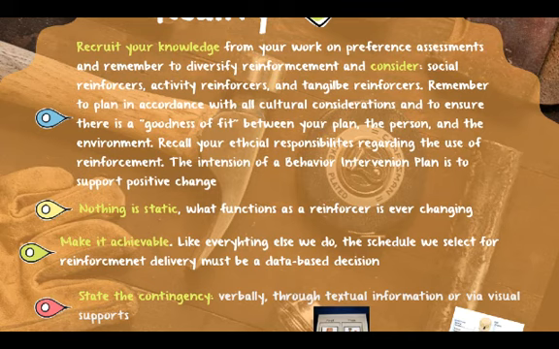So there's got to be diversity with respect to what you use as reinforcement. And remember as well that it's a dynamic process. You're constantly re-examining and re-evaluating the reinforcers and what is motivating an individual. This is not something that's done once and you don't do again. It's something that you'll do on a dynamic basis.